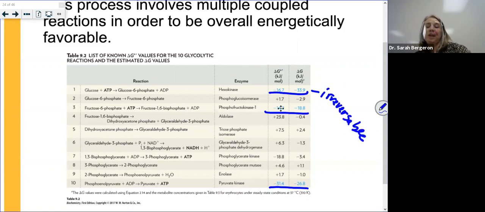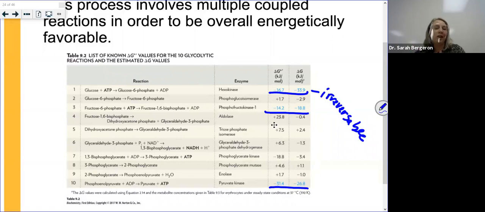If you have something that has a delta G that's really close to 0, and really we're looking in this column because this is what happens in the cell. If you have a delta G value of negative 0.4, you could really go either way. So basically those are reversible reactions. But these are all irreversible reactions so that the pathway will continue to progress forward, right?